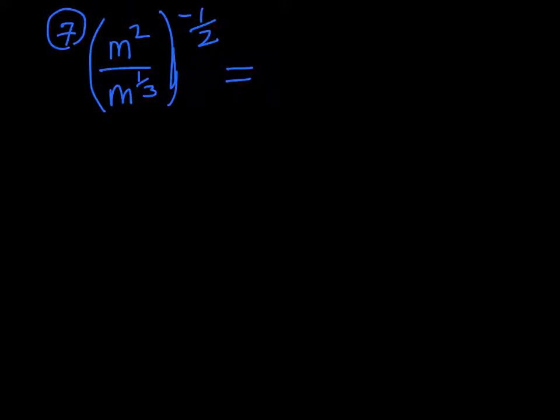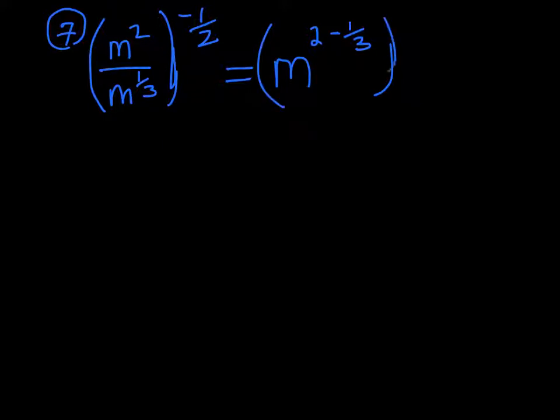I would start by seeing that I have the same base in both the numerator and the denominator. They're both m's. So I know that what I can do then is take their exponents, which are the 2 and the 1/3, and subtract them. So remember, we keep the base, and then we subtract the exponents, which is 2 minus 1/3.